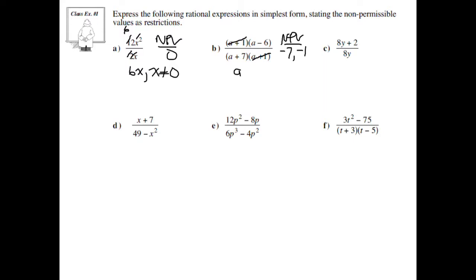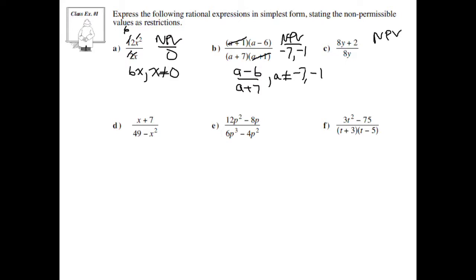So my simplified expression for b is a minus 6 over a plus 7, where a cannot equal -7 or -1.